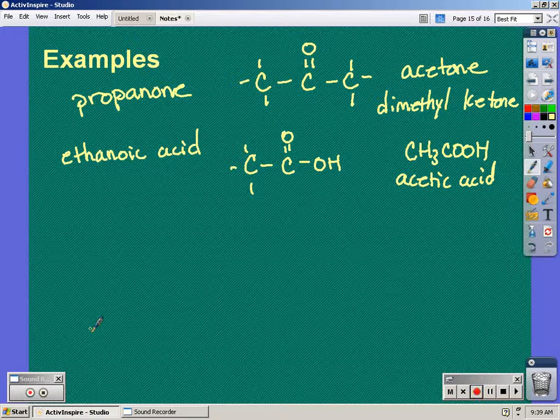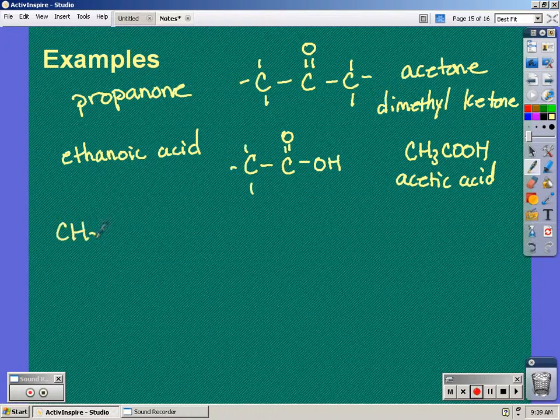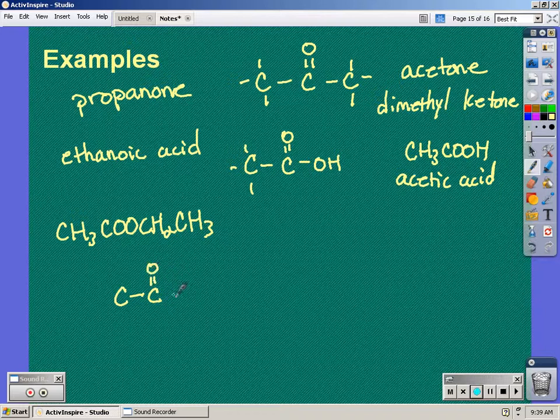All right, let's do one more. CH3COOCH2CH3. All right, so if we break that down, we have carbon with 3 hydrogens bonded to a carbon that's bonded to an oxygen that's bonded to another oxygen that's bonded to a carbon with 2 hydrogens, and then our last carbon. So our functional group is this piece right here.